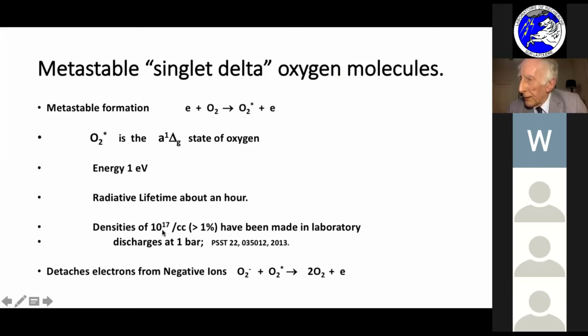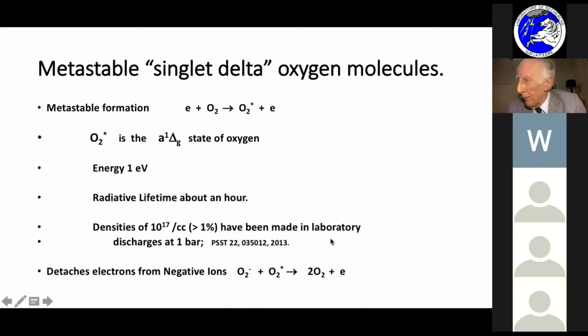I'm talking, and this is crucial to the whole theory, of very high metastable densities of the order of 1%. And such densities have been measured in discharges at 1 atmosphere. And there's a reference here given. The reference is for medical applications utilizing singlet delta oxygen, which will dissolve in water, just as oxygen does, and will dissolve in blood.